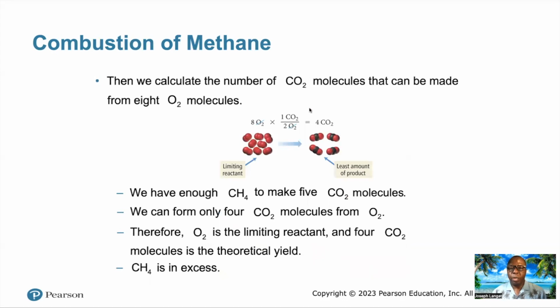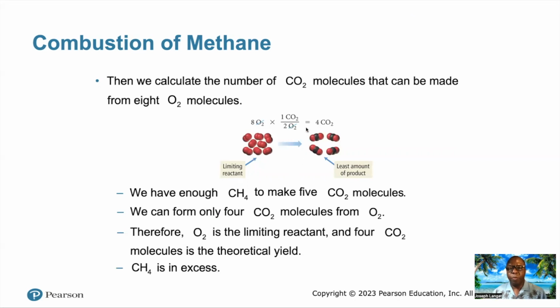If you look at how many will be consumed, all 8 will be consumed. Since oxygen is the limiting reagent, all 8 will be consumed, producing 4 molecules or 4 moles of CO2. Methane is in excess, so it will be our excess reactant.